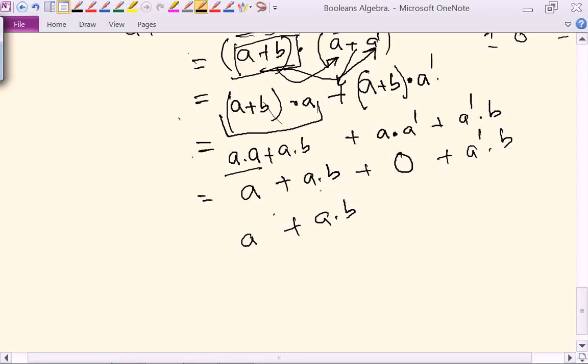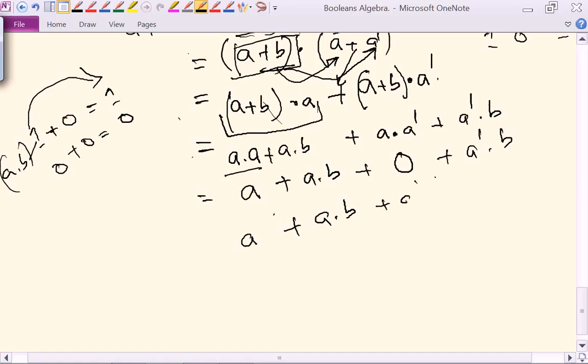Because if you have something like 1, you OR with 0, this will be equal to 1, and if it is 0, you OR with 0, it will be 0. So whatever we have here, it will be that thing. So instead of 1, I am having A and B. If I am doing it OR with 0, it will be A and B. So I can remove this 0, because A and B or 0 will be A and B always, plus A complement and B.